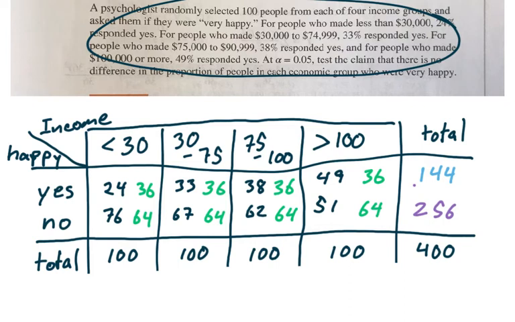And subtraction is hard for me for whatever reason, so I got that wrong initially. All right, so if these proportions of people who are happy, quote unquote, very happy, across each of these four categories of earning are the same, we would expect 36% to be happy in each one of these cases.